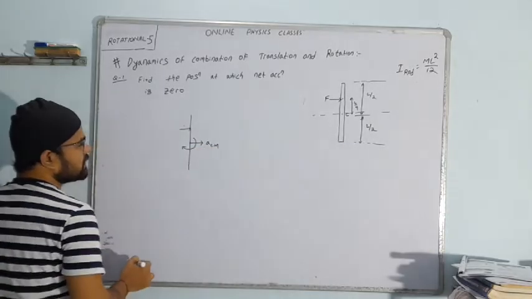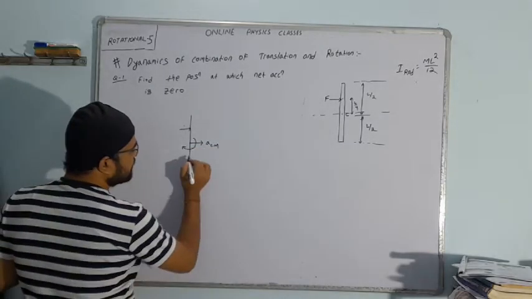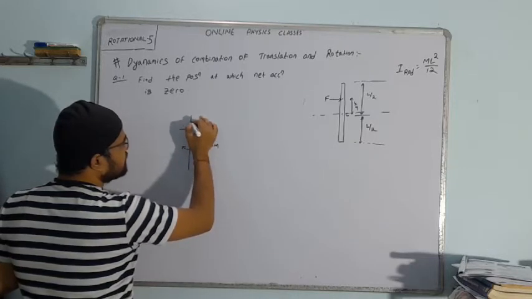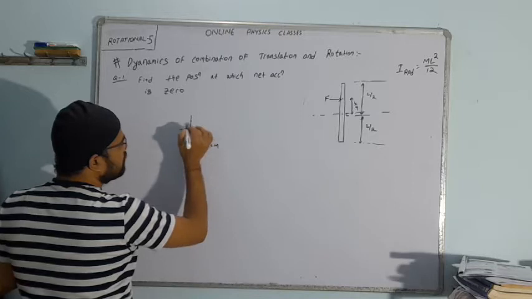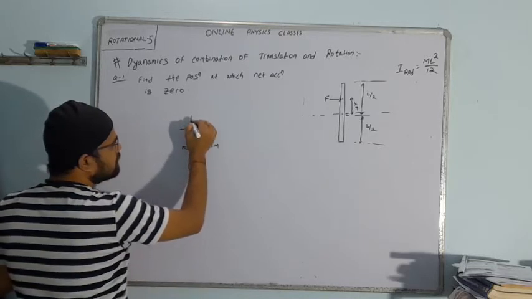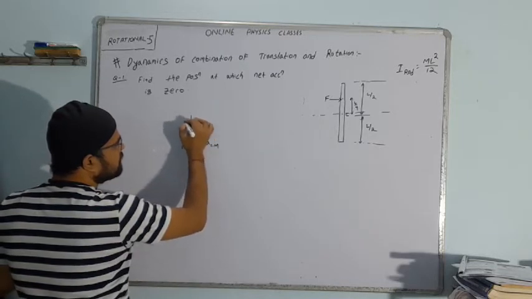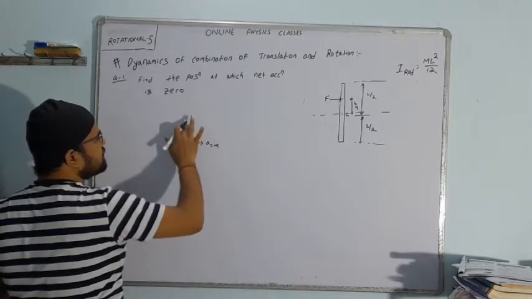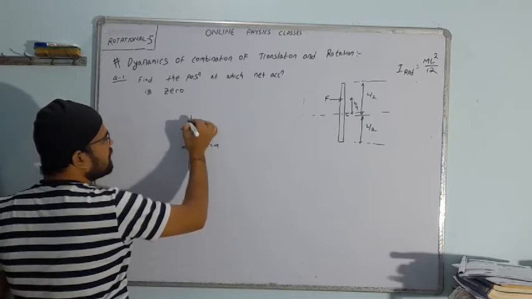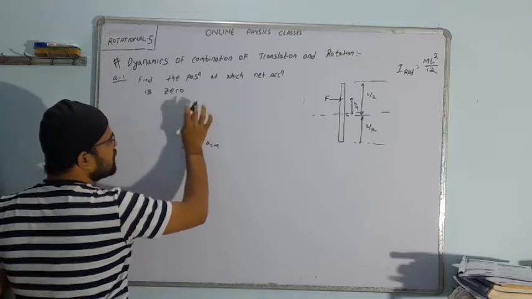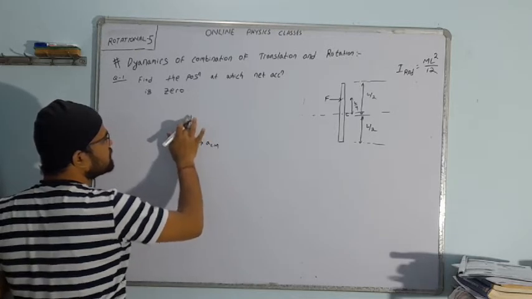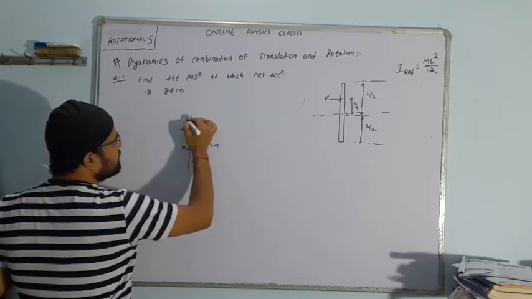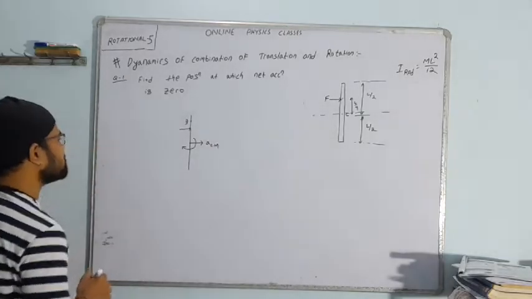Suppose we take a point P on the upper side. Let's suppose the point is D, where the acceleration will be 0.